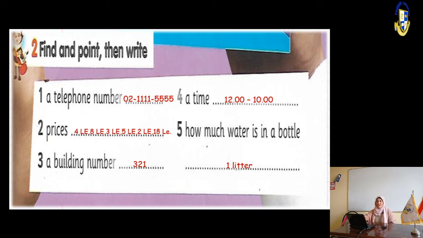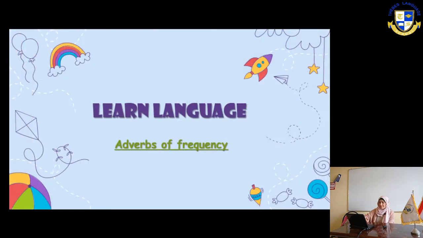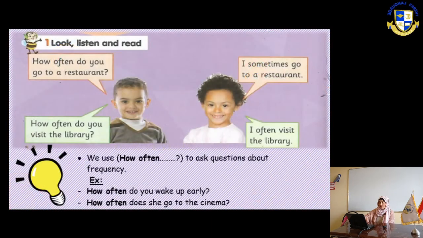Learn language: adverbs of frequency. Now, we said before in the present simple tense, there are some keywords that show us that this sentence is present simple tense. Those keywords were always, usually, often, sometimes, and never.